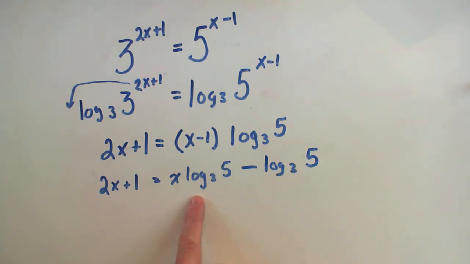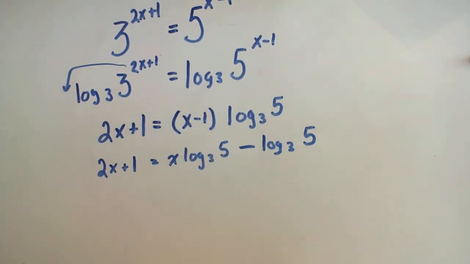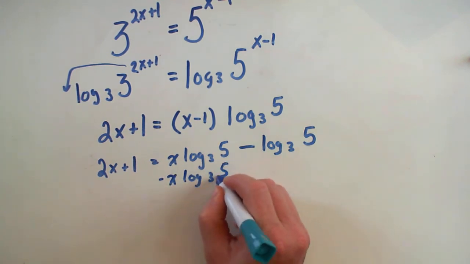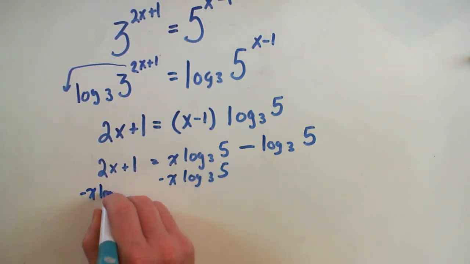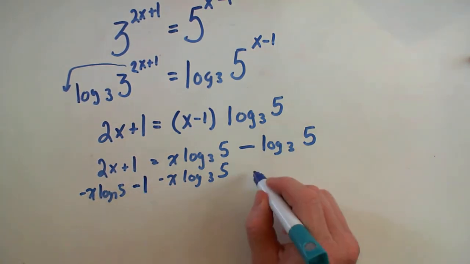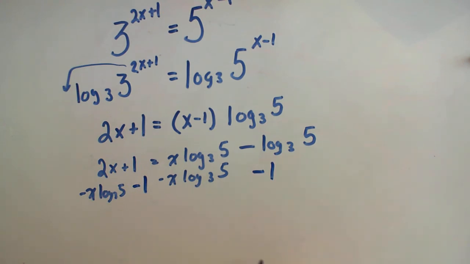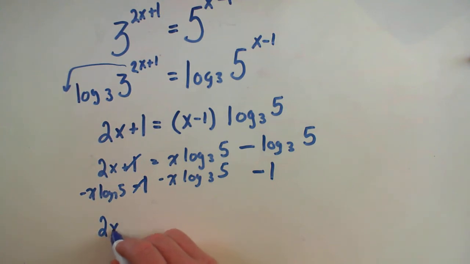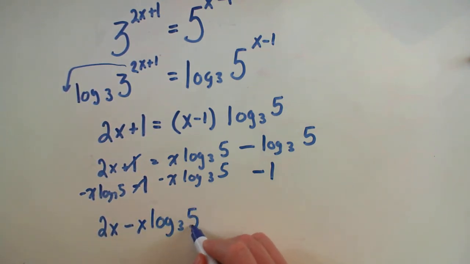Since I'm trying to solve for x, I need to put everything that has an x on one side of the equation, everything without an x onto the other side. So I'm going to subtract x log base 3 of 5 from both sides, and I'm going to subtract 1 from both sides. So on this side we have 2x minus x log base 3 of 5.